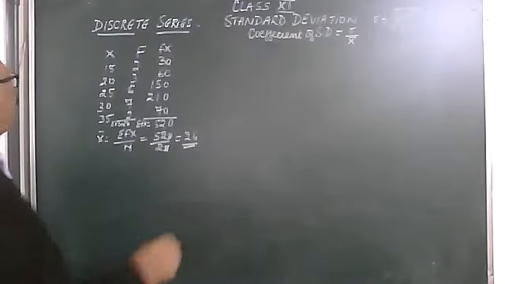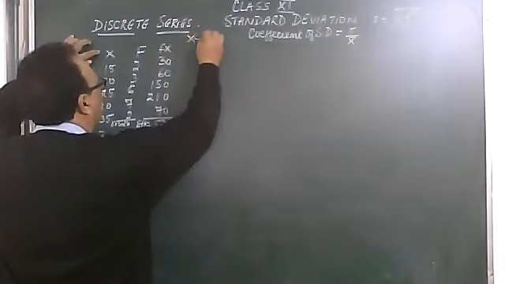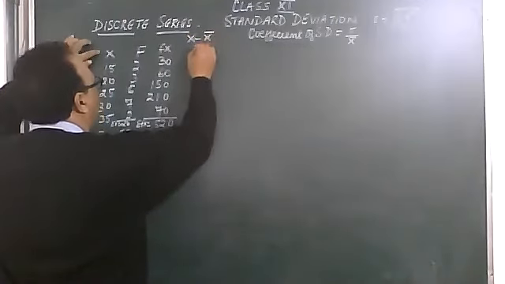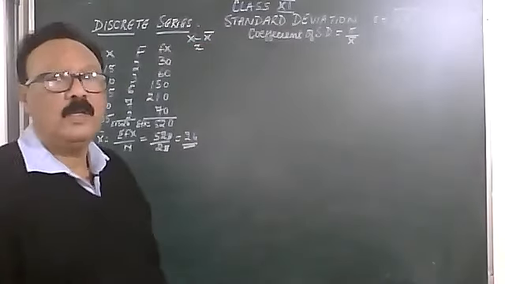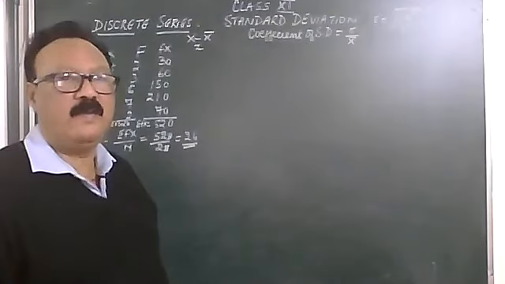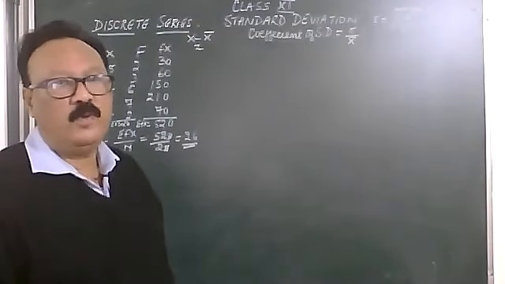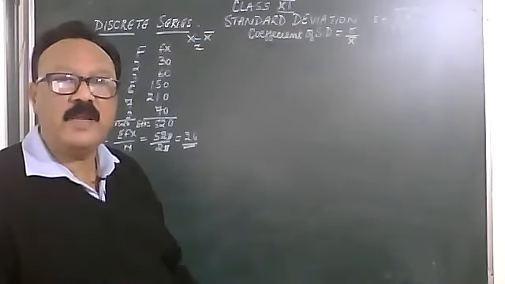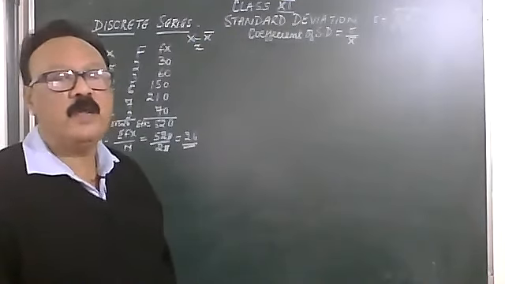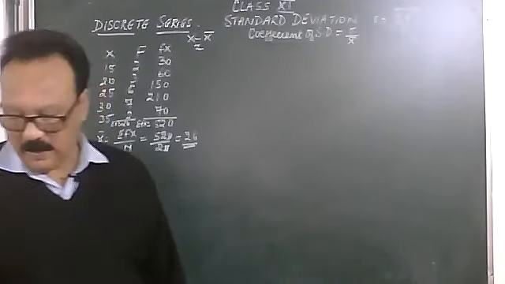Now from this we will find x minus the mean, and we will call it either x or d. Some books refer to this as d, meaning deviation. It doesn't matter; the formula then becomes sigma f d squared, and if you are using the variable x, it becomes sigma f x squared.